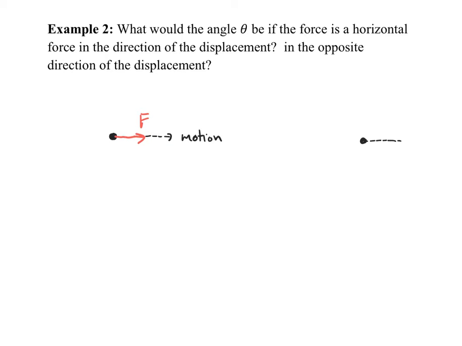Again, call displacement to the right. And in scenario 2, the force is opposite the direction of displacement. These are our 2 scenarios that we're asked about. What are the angles between the force and the direction of motion in both of these scenarios? What are the angles?